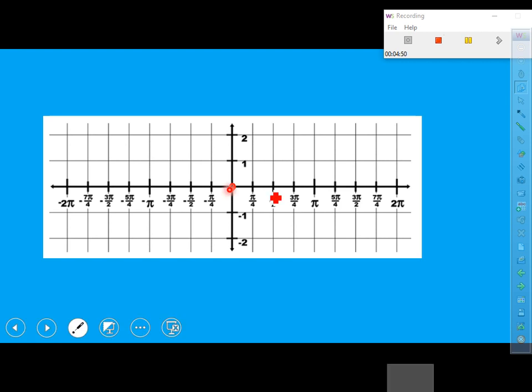At pi halves, you told me the value was 1. At pi, you told me the value was 0. At 3 pi halves, you told me the value was negative 1. And at 2 pi, you told me it was 0. Now, guys, I can also go backwards on this unit circle.